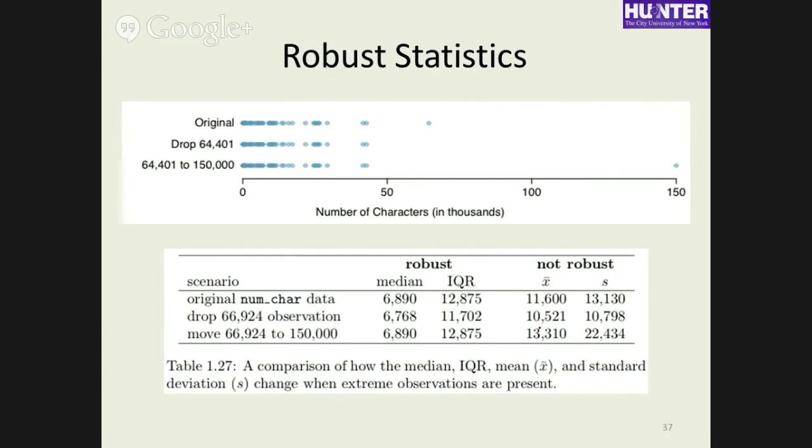Measures of spread in general are more sensitive to outliers than the measures of central tendency. That makes sense, right? Because it's a measure of spread, and the more extreme your outliers, the more spread there is in your data. But you really see that here with this outlier.